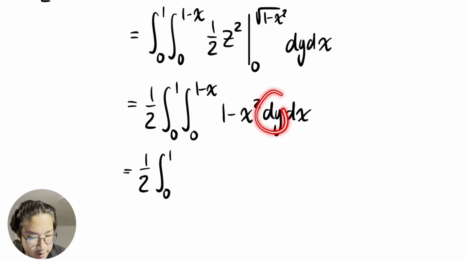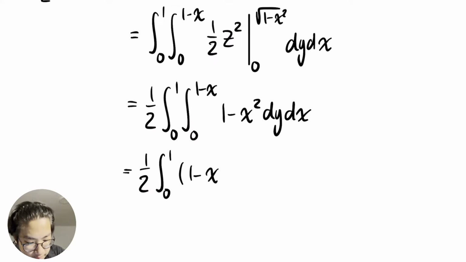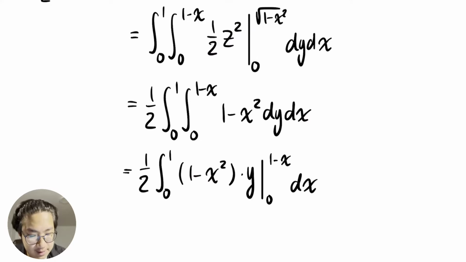Of course, because y doesn't appear here, we simply have 1 minus x squared times y, evaluated at 0 and 1 minus x. This part is unnecessary, but I'm just writing out all the steps. Effectively, you're moving this out using the fact that you have an iterated integral, because y doesn't appear here, so you effectively have a constant, whose integral is just y.